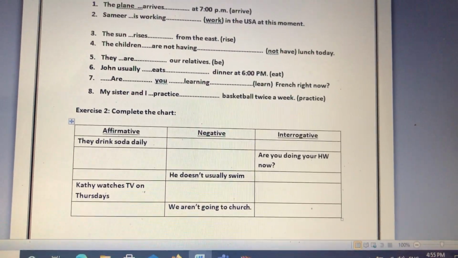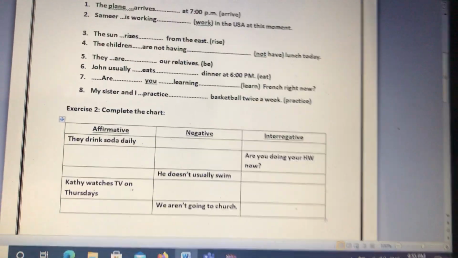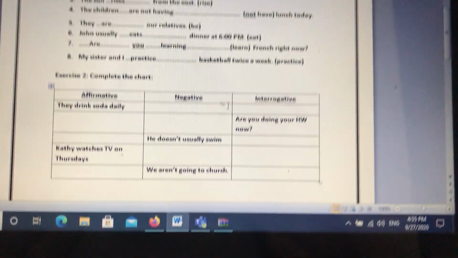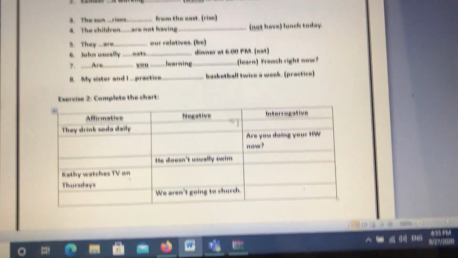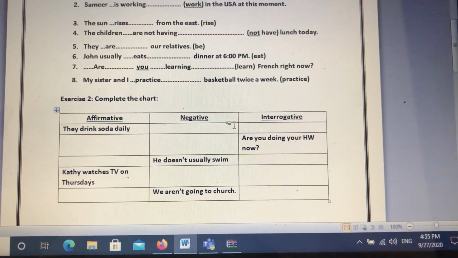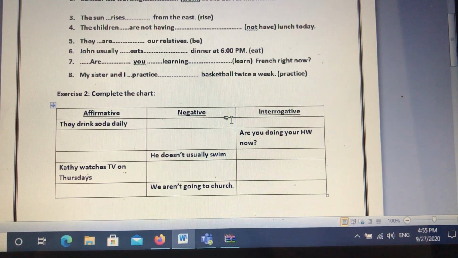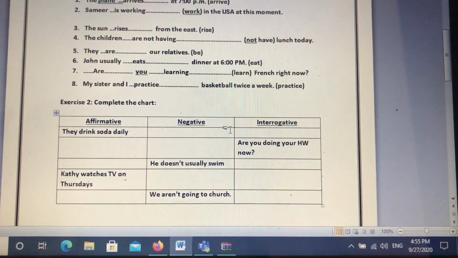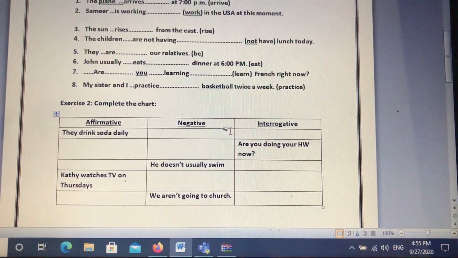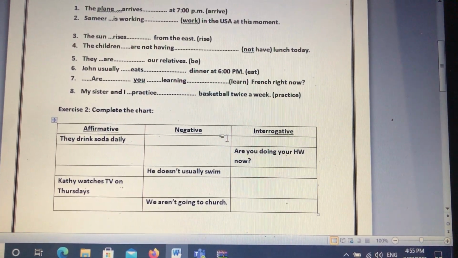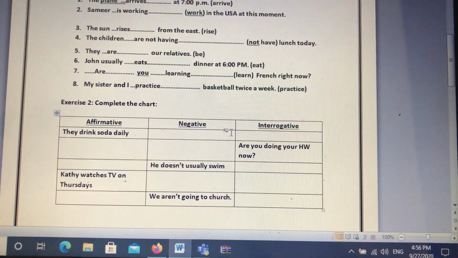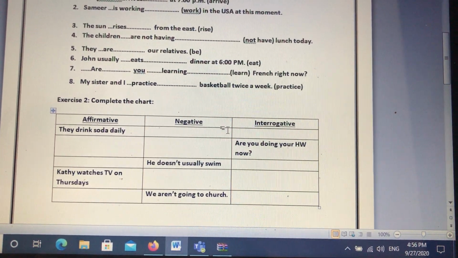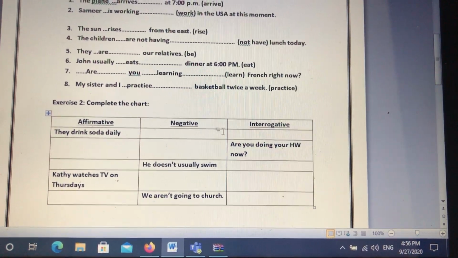Let's see. Number 1, they drink soda daily. This is a simple present sentence. Now we are going to negate it, to do it in the negative form. So in the simple present, we have to use the auxiliary verb do in order to negate the sentence or to make it as a question.